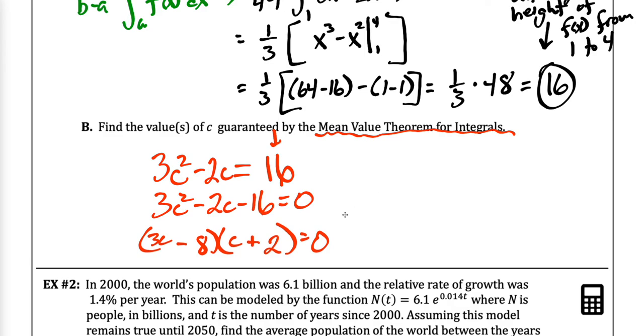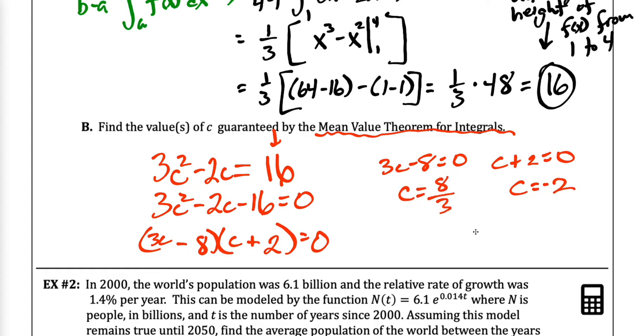So I found 2 zeros. One of them is worthless. One of them is not. Lily, somebody should tell me why one of them is worthless and one of them is not. Oh, that was so close.